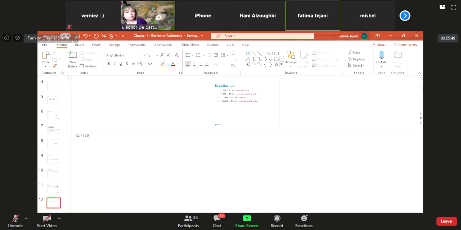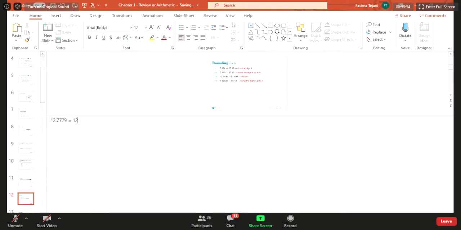Now, if you want to round it off to 2 decimals, what will you round it to? 12.78, right? Why do you think 12.78? Because after the 2 decimal digits, the third digit is 5 or greater than 5, you round it off by adding one more to that.